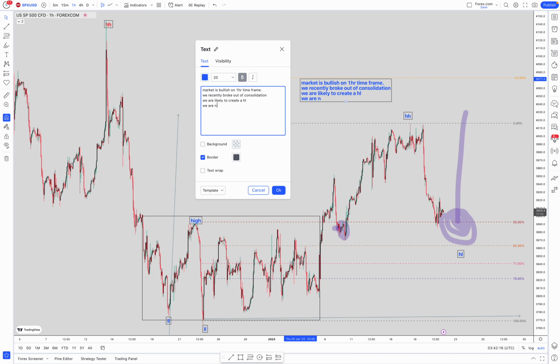We are not ready to take any sells. That's it.